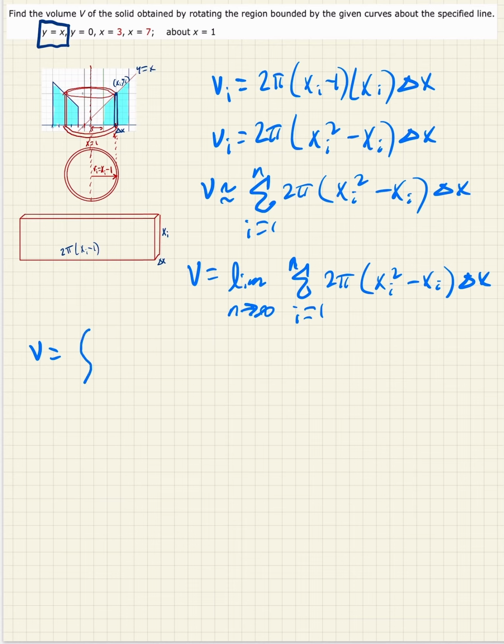Now, x is our variable of integration, and if we think about where we start and stop these x values when we draw those representative rectangles, it would start at 3 and end at 7. 2 pi times x squared minus x dx.